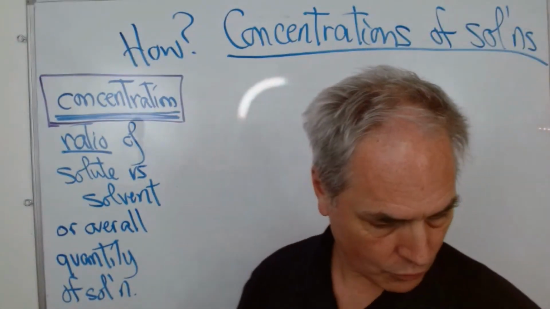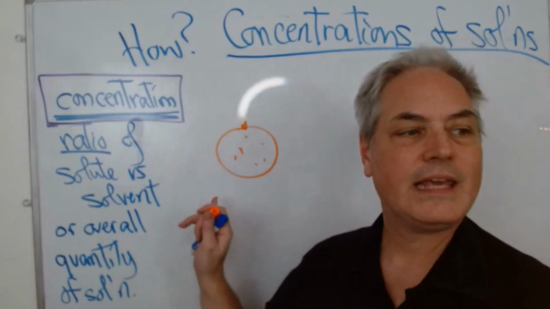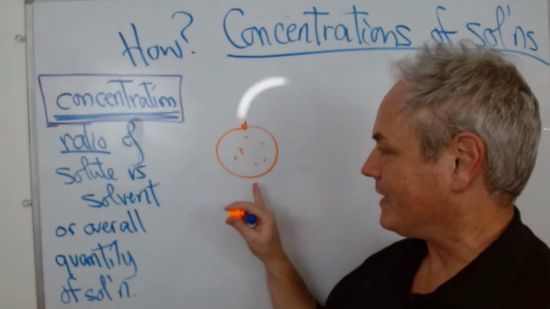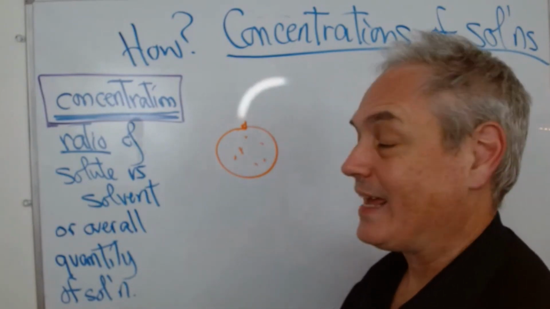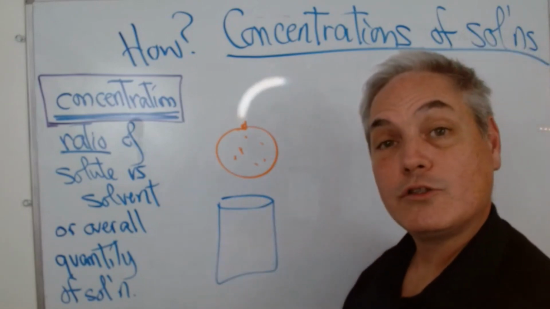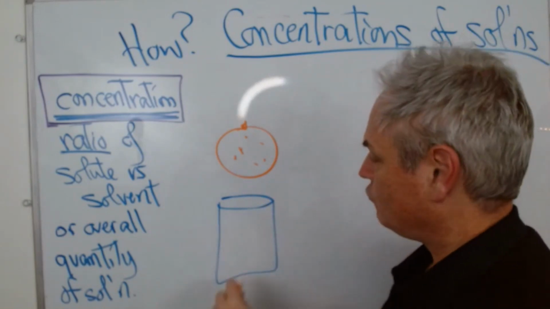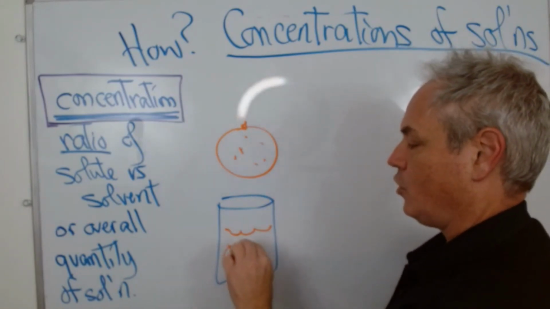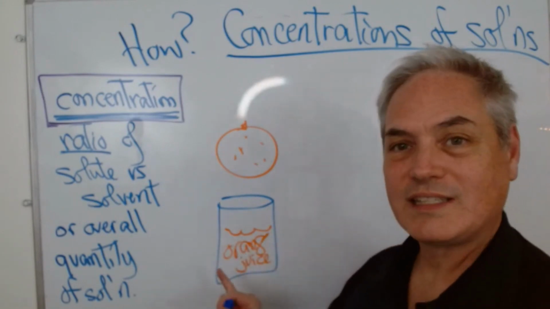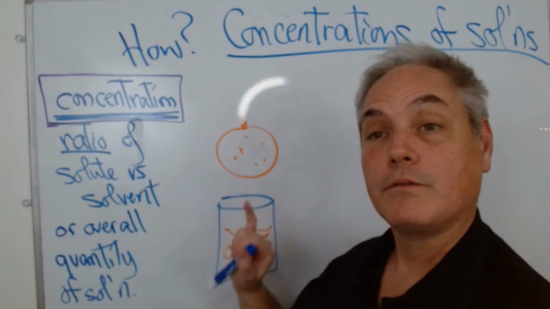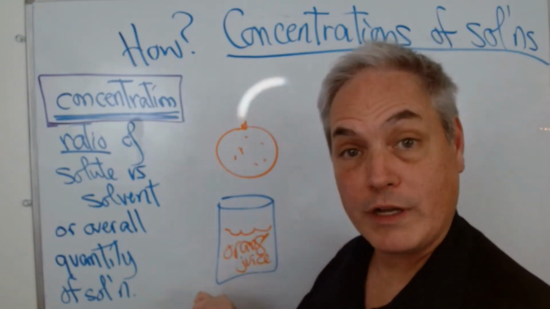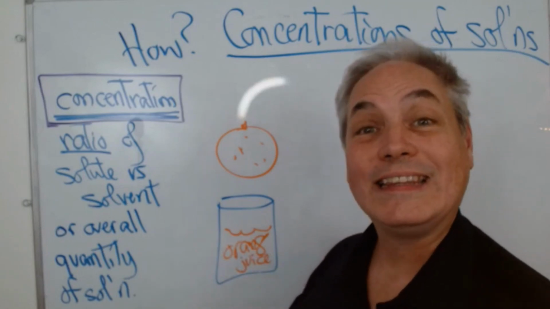If we have an orange right here, we can take this orange and squeeze the juice out of it to get orange juice. So this is orange juice that is freshly pressed. It is not concentrated. The juice is not diluted.